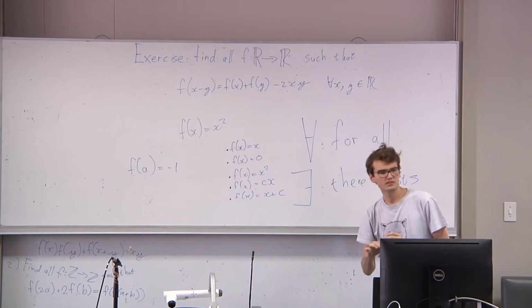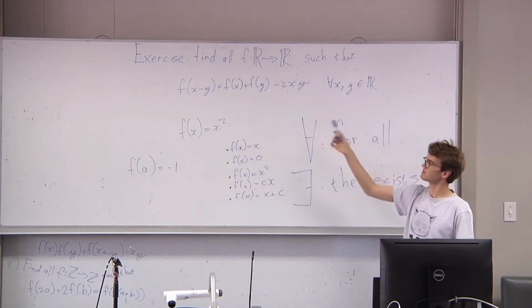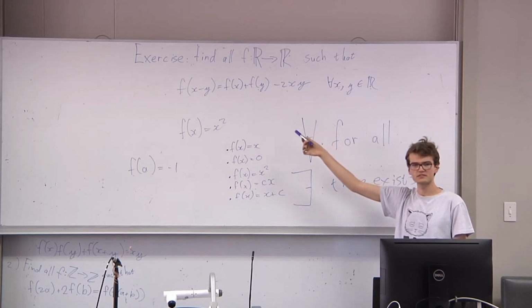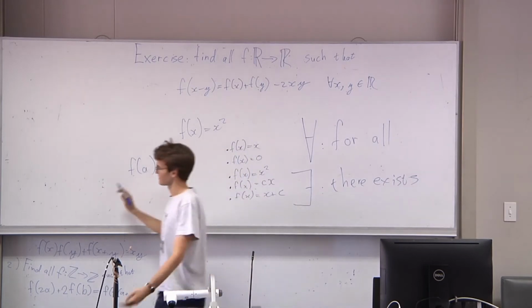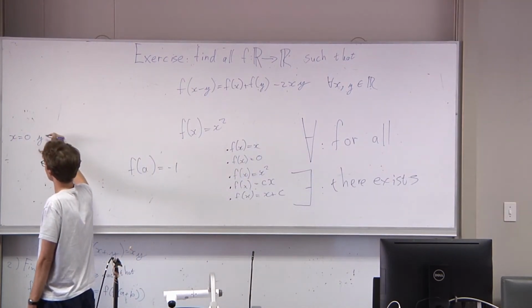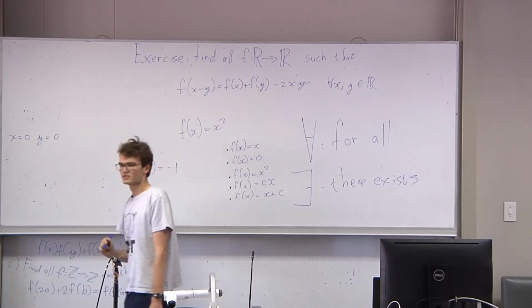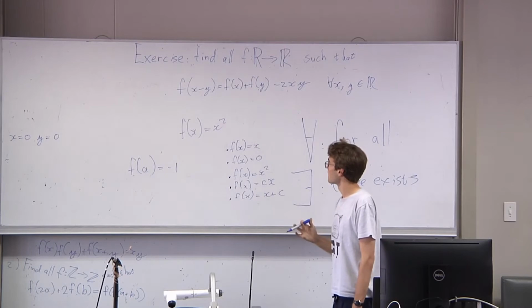We're told that no matter which values of x and y, that relationship must be true. So in particular, you can say, let's let x be equal to 0 and y be equal to 0. So what do you get in that case?